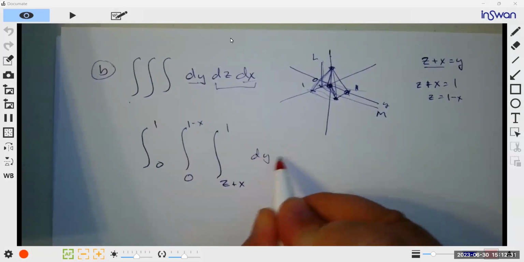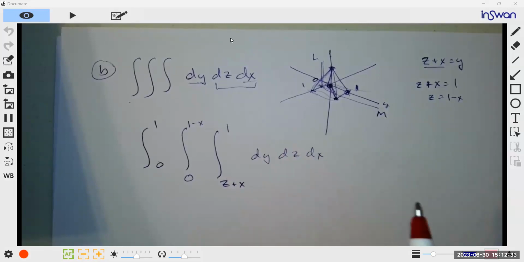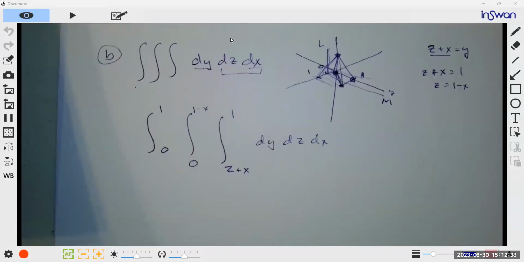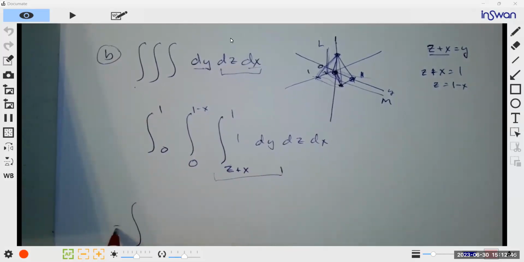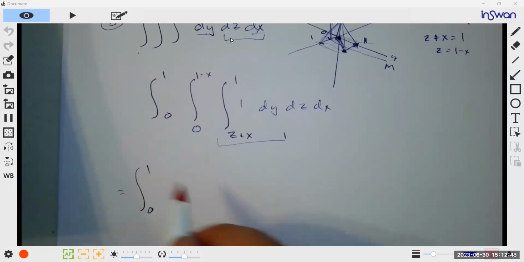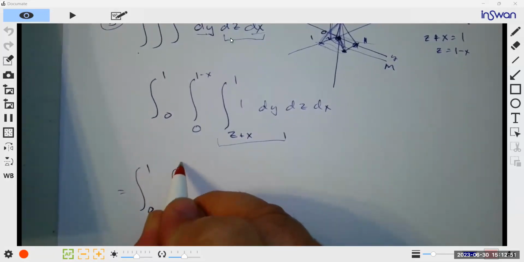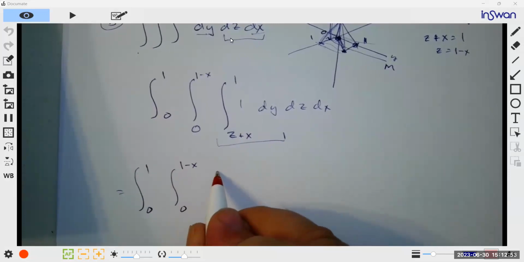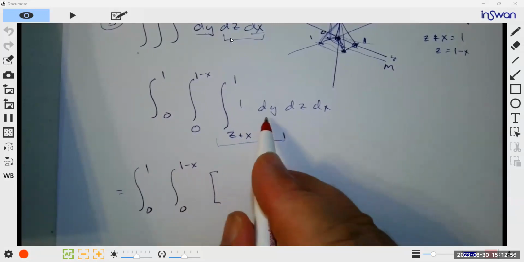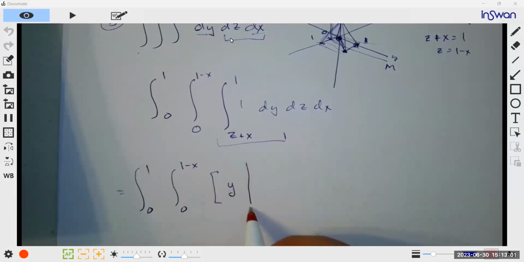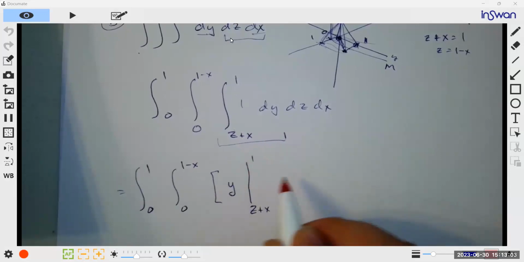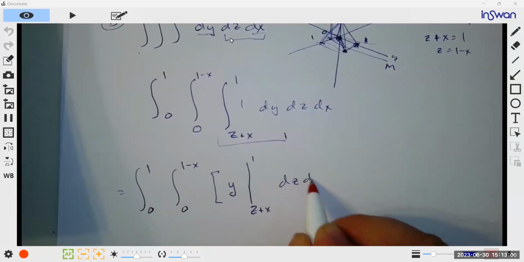We're doing it with dy, dz, dx, and our function is 1. So with respect to y first, the integral is y from z plus x to 1, dz dx.